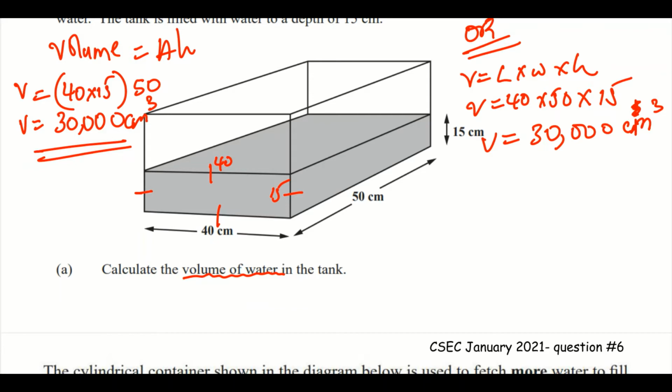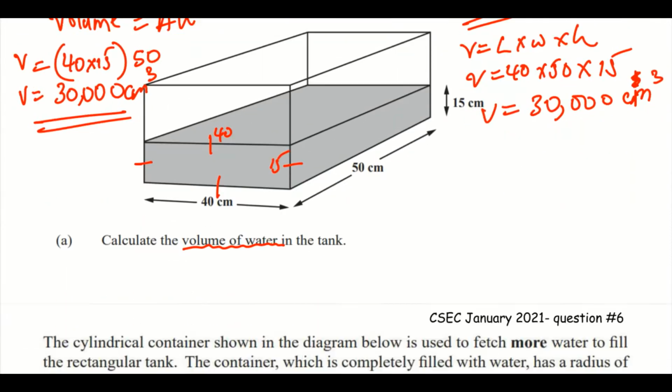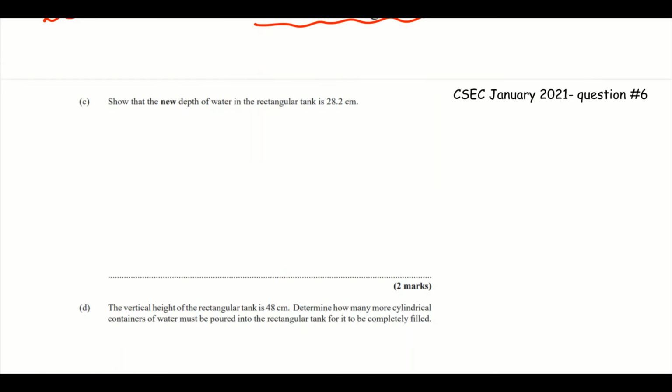We know that it's a 40 by 50 by the new height, which is now 28.2, but we have to prove it. So hence, we know the formula: volume equals area of cross section times height. We know the volume, don't we? Because the volume of the water.